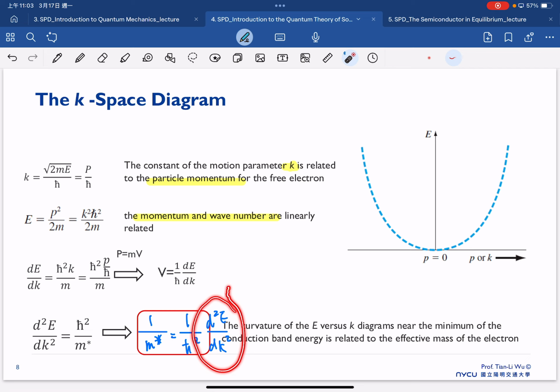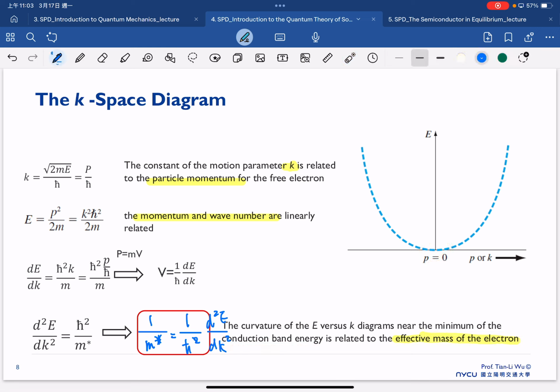So we consider the curvature of the E versus K diagram. This is the E versus K diagram near the minimum of the conduction band energy, which is related to the effective mass of the electron.